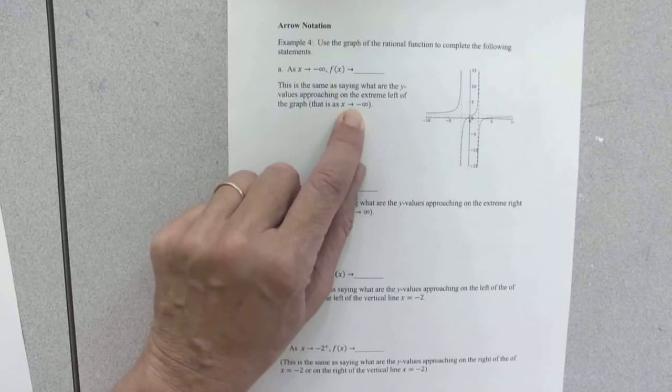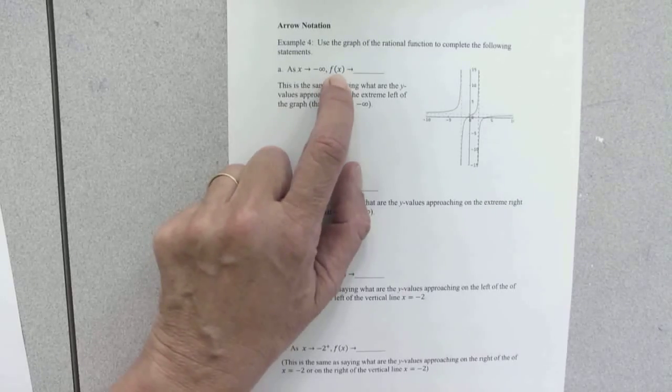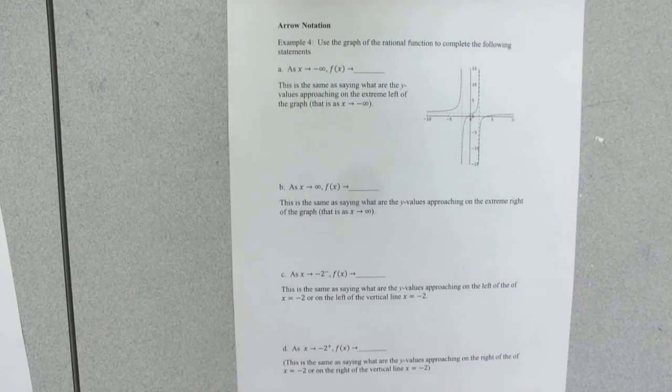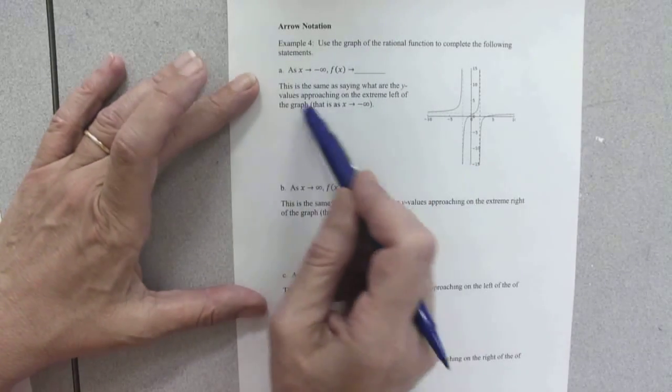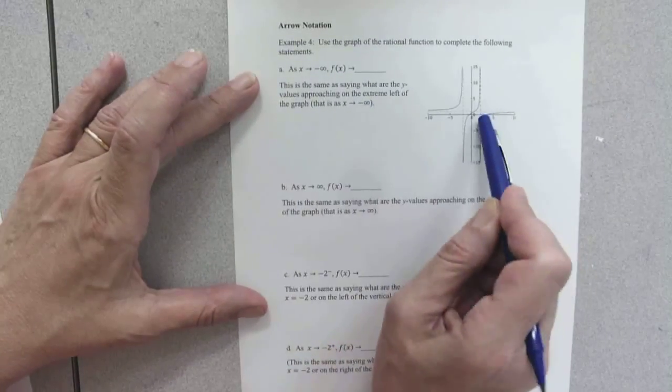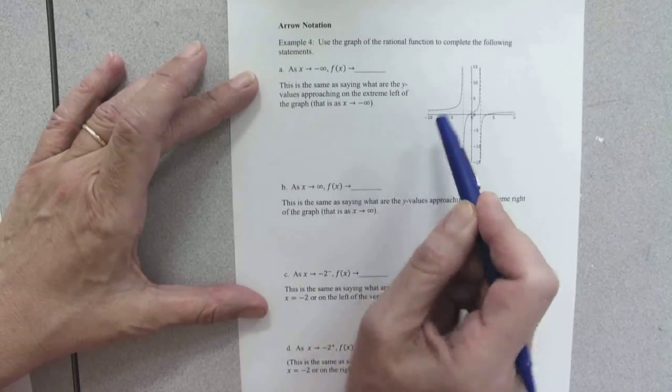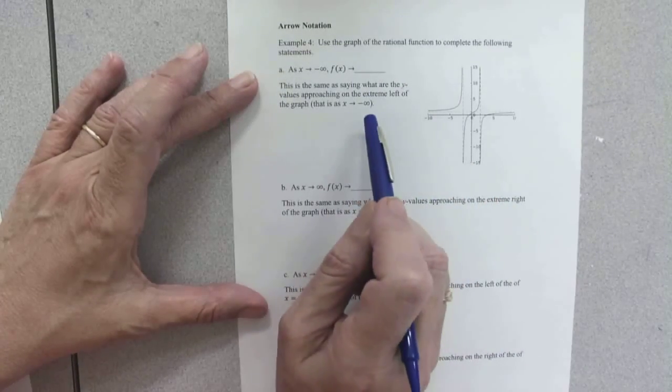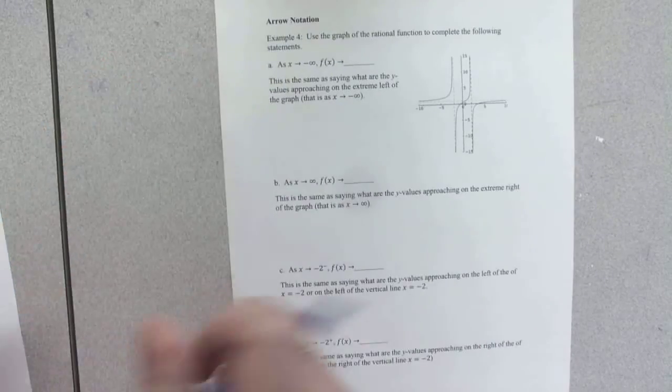And then why I said y values: remember, whenever you plug in x, x goes in, y comes out. f of x is always a y value. So what this question is saying is look at this graph over here, and what are my y values on the extreme left?